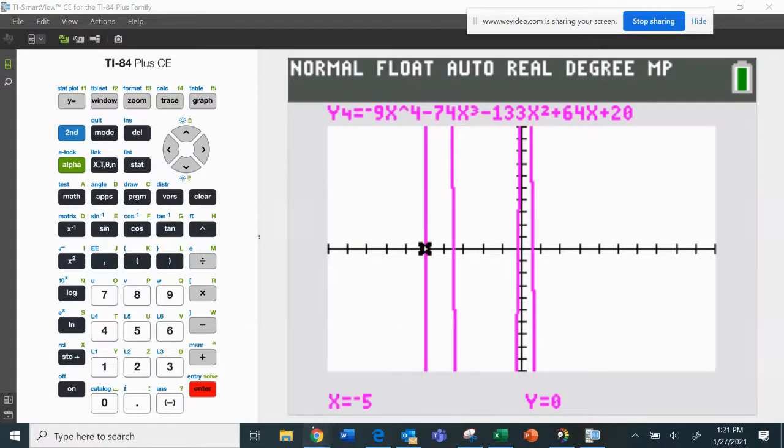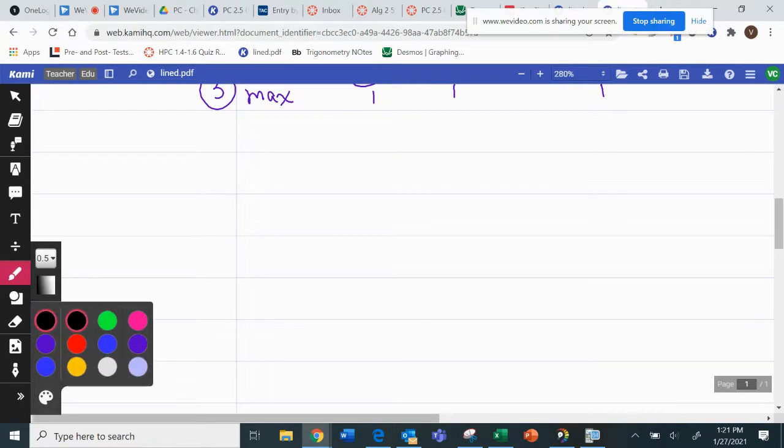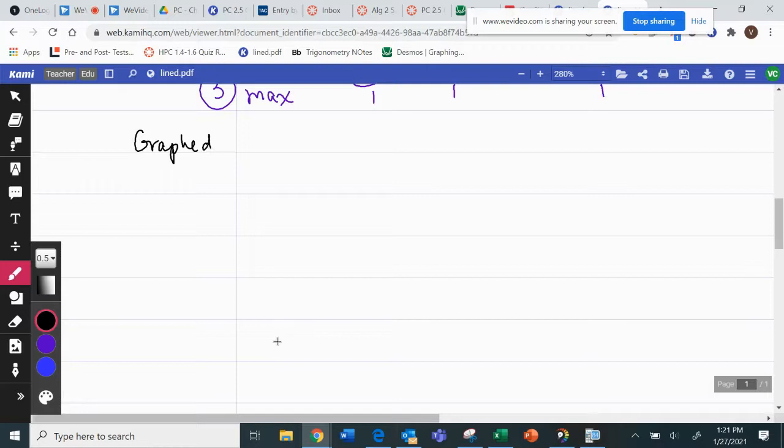And I'm going to kind of write down what we're doing, if you're writing things down. If you're not, that's up to you. But I'm going to write down, we graphed using our calculator.